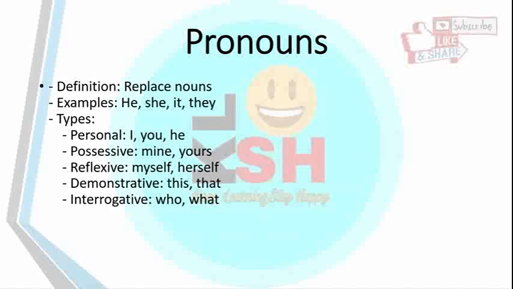Personal pronouns means the pronouns that are used for any person like I, you, he. Possessive pronouns means the pronouns that are denoting possession of a particular thing by some noun. These pronouns are mine, yours, his.